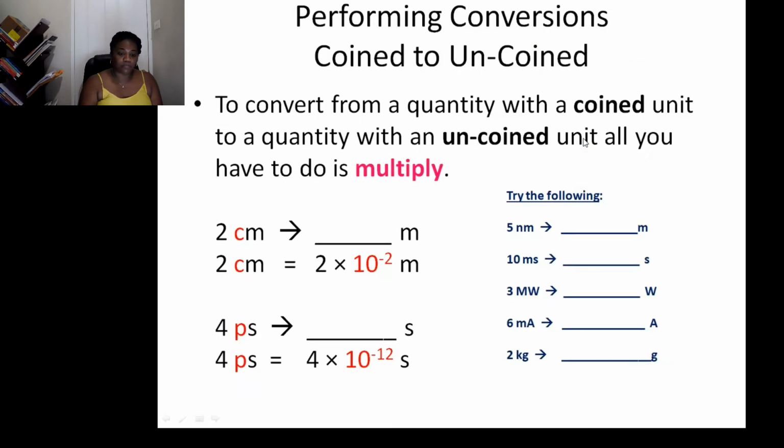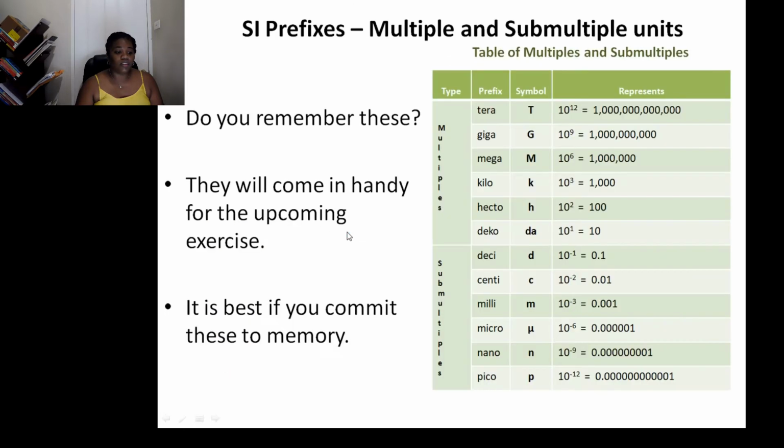Okay? So, performing conversions, prefixed to unprefixed. To convert from a quantity with a prefixed unit to a quantity with an unprefixed unit, all you have to do is multiply. For example, here you have 2 centimeters. You want to get rid of the prefix centi. All you have to do is remember what centi is equal to.